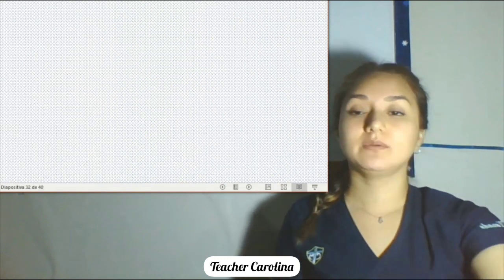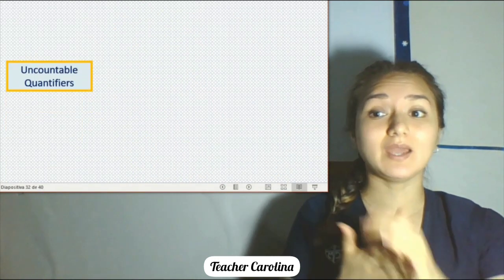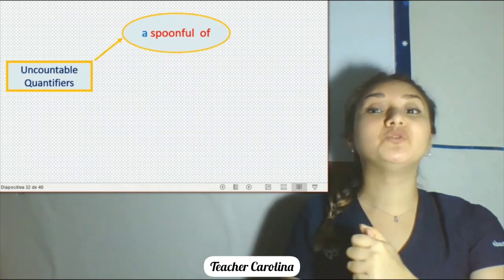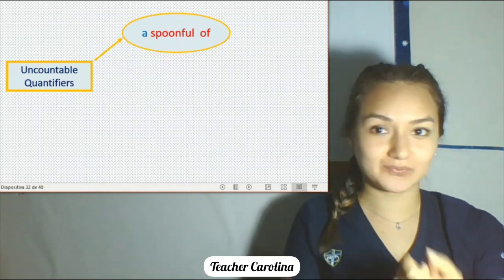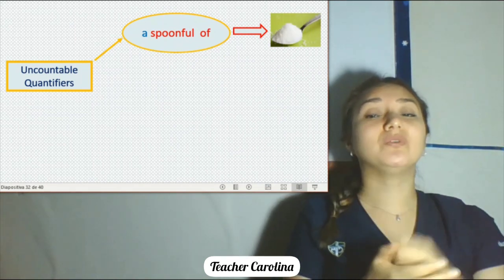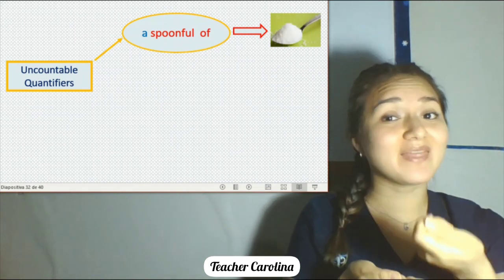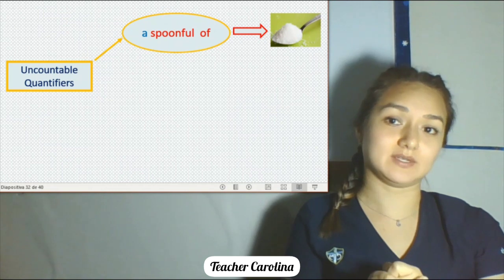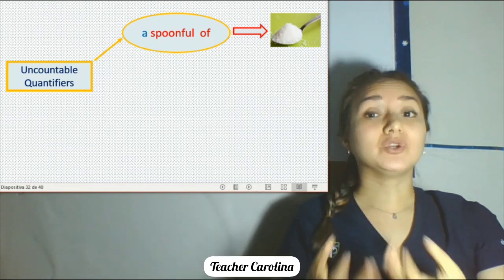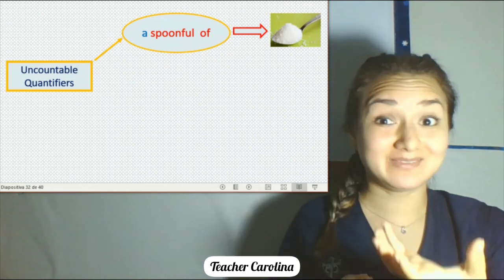Now in here, the uncountables quantifiers also, a spoonful of. Take a look. A spoonful, una cucharada de. Eso es lo que quiere decir. That is the meaning. Una cucharada de. For example, for your tea. ¿Qué cosa es el tea? El té.